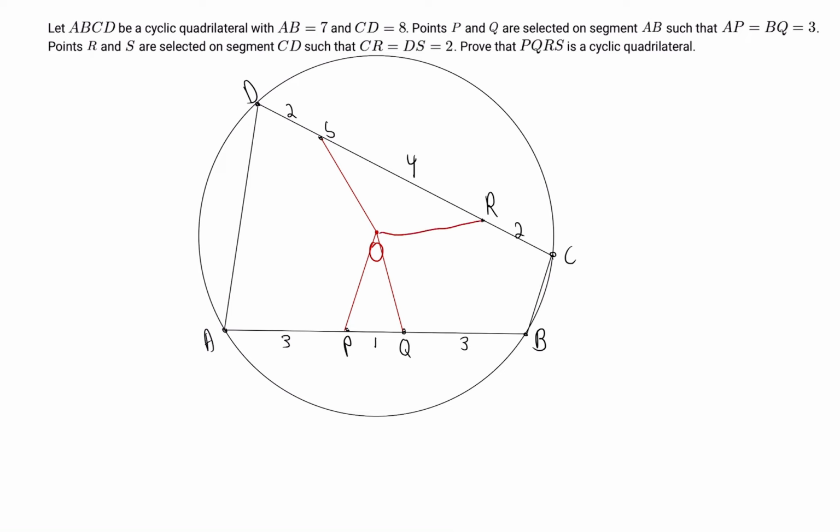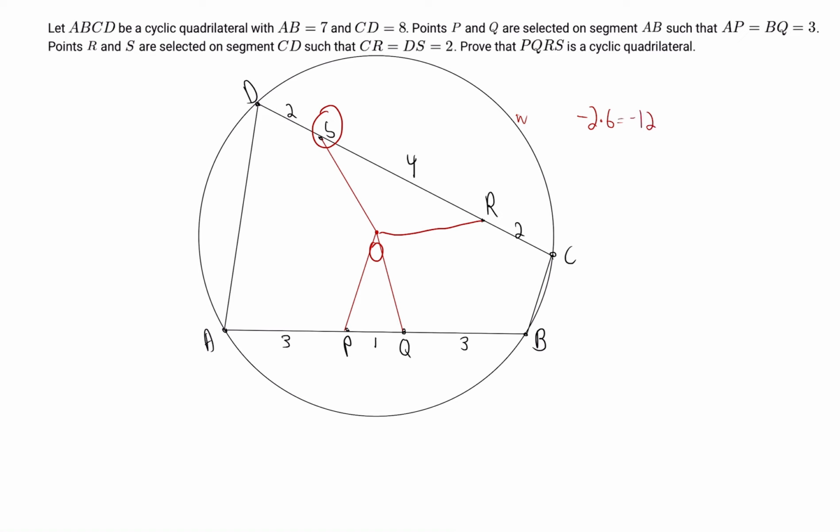Now to do this, we use power of a point. The power of point S with respect to the circumcircle of ABCD, which we'll call omega, is going to be equal to negative 2 times 6, which is negative 12.